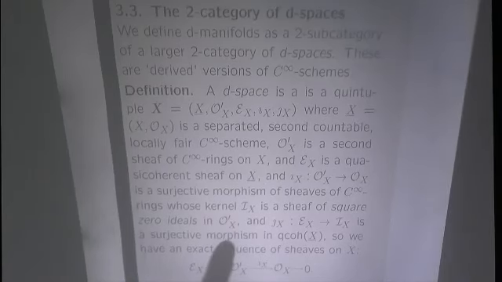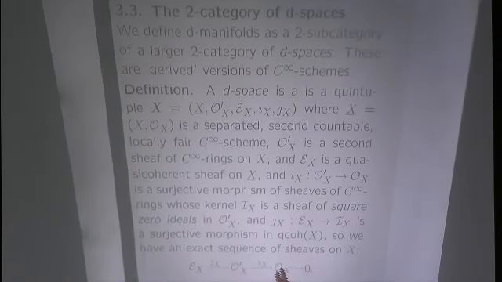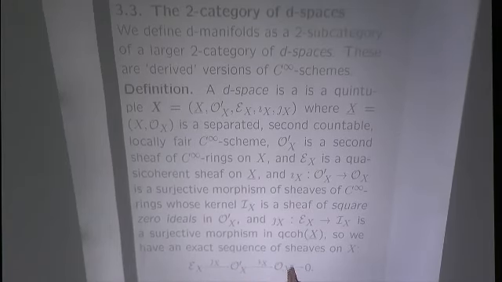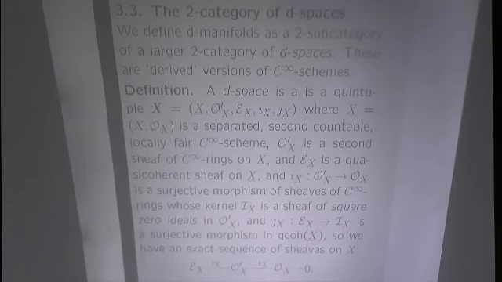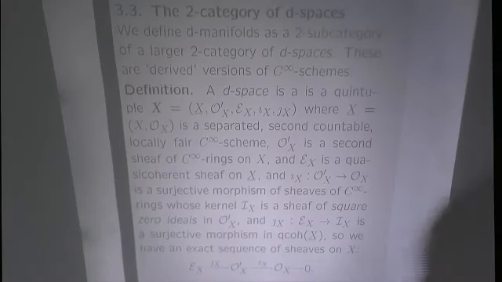And so the kernel of this morphism, going from OX prime to OX, is a square zero ideal, or a sheaf of square zero ideals, which means that these ideals are OX modules rather than just OX prime modules. And then we have a surjective morphism of OX modules, or quasi-coherent sheaves on X, from EX to the ideal there.